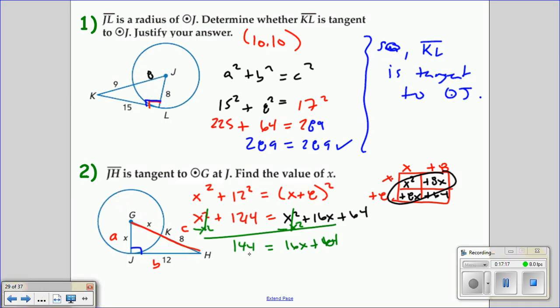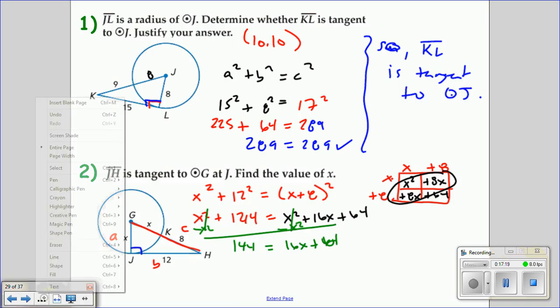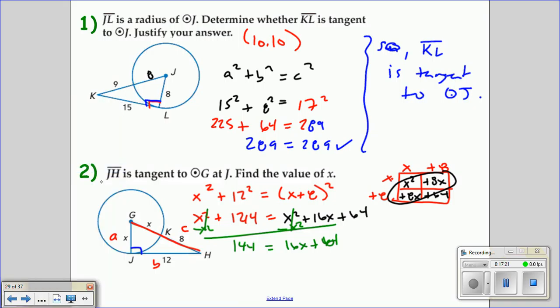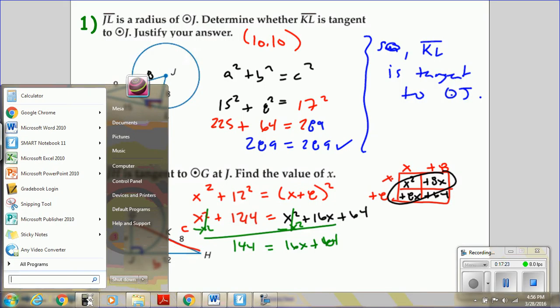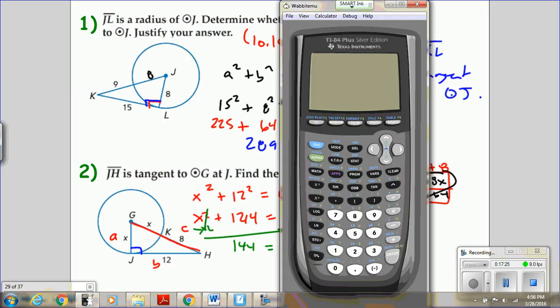When you subtract 64 from 144, you get 80.